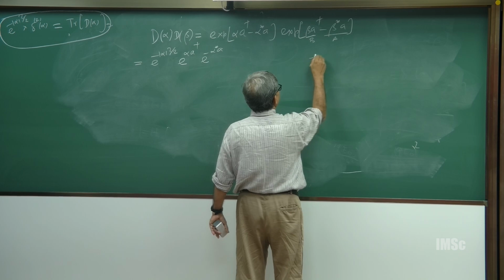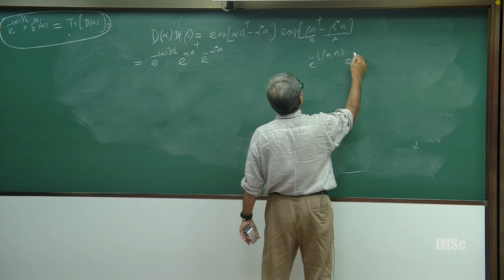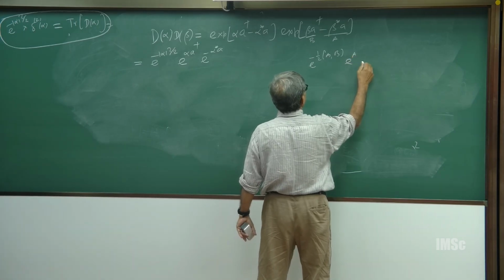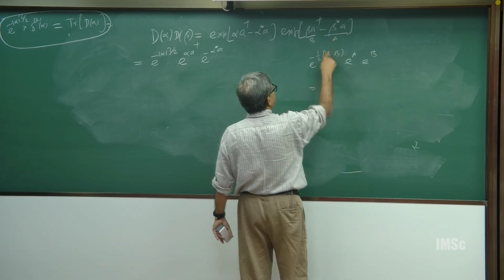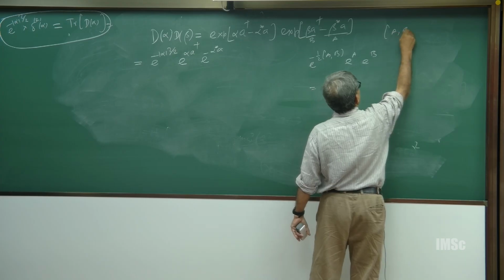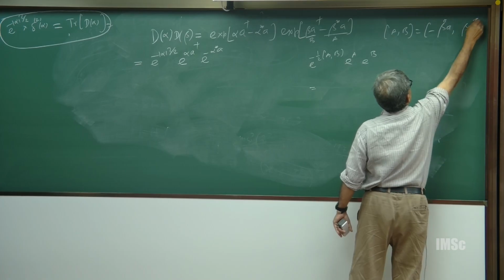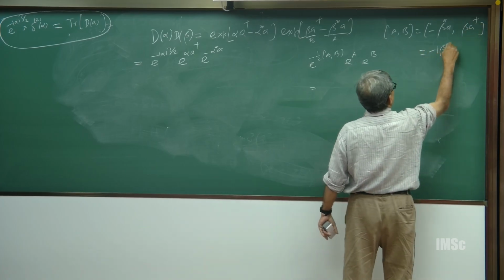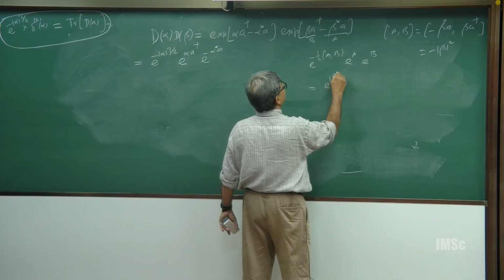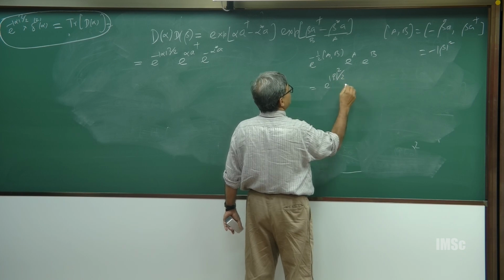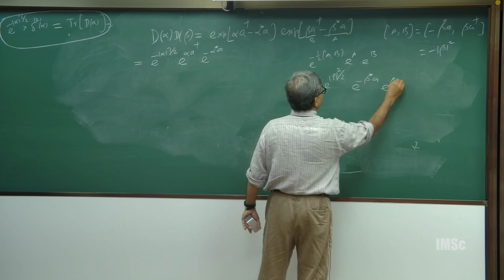So, this is e to the power minus half commutator of A and B, times e to the power A, e to the power B. So, what is the commutator of this? A and B is minus beta star A, then beta A dagger. So, this is minus beta square. Okay, so this will be e to the power plus beta square by 2, then e to the power minus beta star A, e to the power beta A dagger.